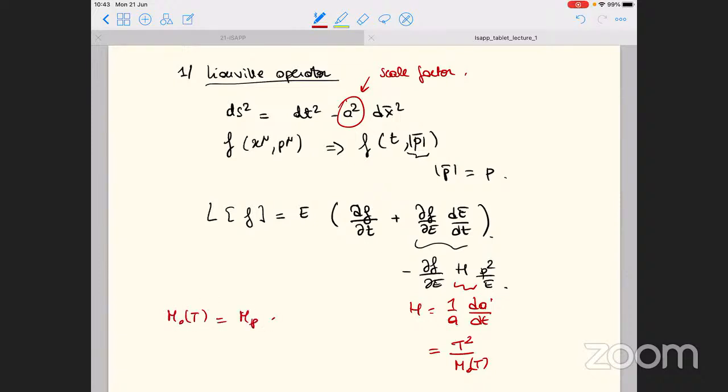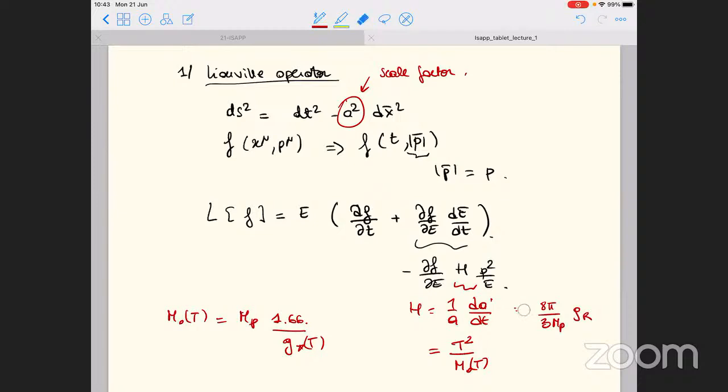There is a factor 1.66, which is the square root of 45 divided by 4 pi cubed, and there also enters the number of relativistic degrees of freedom, just because H is the square root of 8 pi over 3 m Planck squared times rho radiation.